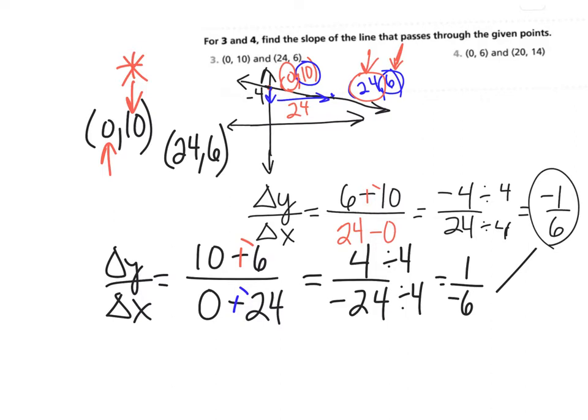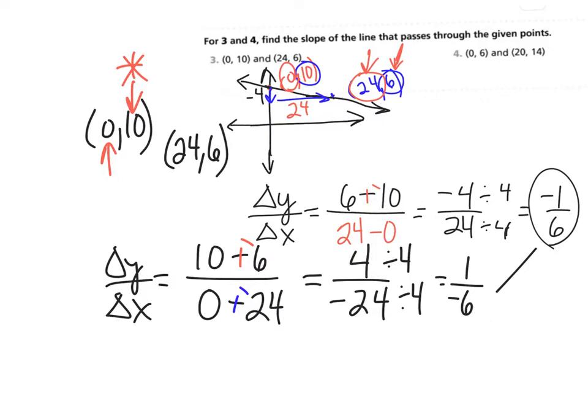And if you don't like that, you can just sketch something out and use your sketch to help you work it out. Technically, we could sketch it out, go by ones and count squares. That doesn't really work when our points have hundreds or thousands or millions in them, so it might be good to have a backup plan in case we can't count squares.